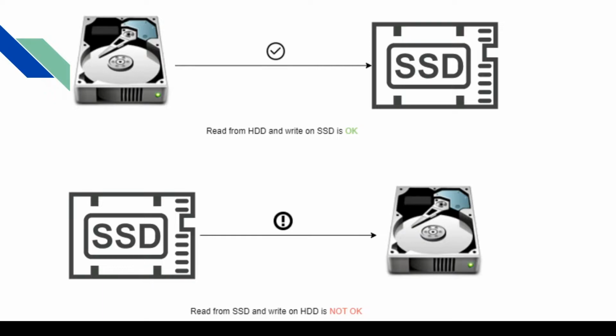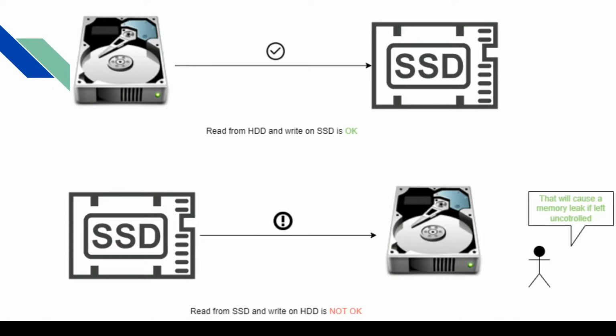We know that SSDs are really fast, so in that scenario you won't be having any problem. But imagine that you are reading from an SSD and writing on an HDD. What's going to happen is that both streams are not running at the same speed, right? So this will cause what is called back pressure. You will simply have a memory leak in your program.